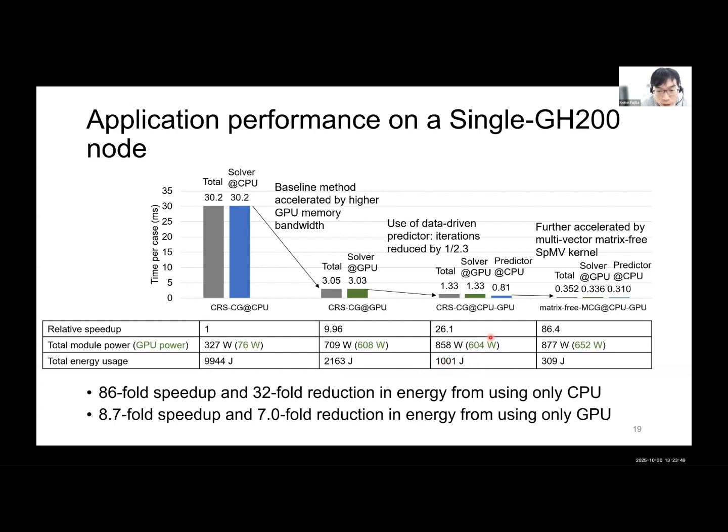If we use the CPU and GPU together, the GPU is using 600 watts, and about 250 watts is used on the CPU. And so the total watts is increased, but the time is reduced. So we get a reduction of about half in the energy to solution. And by the further improved SPMV kernel, we can get a further improvement in the energy to solution.